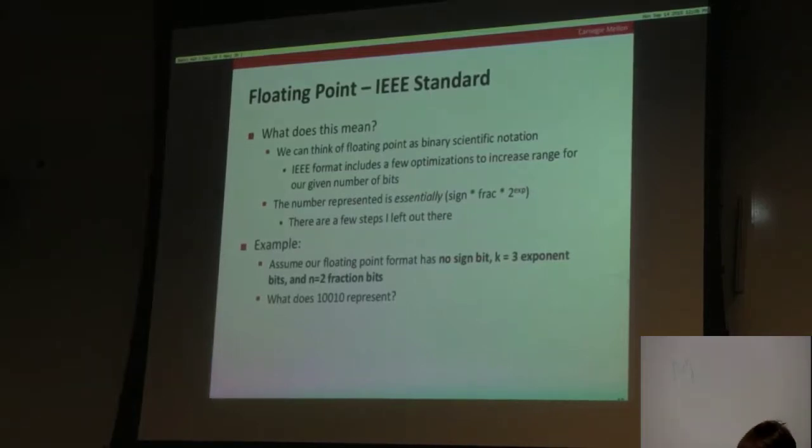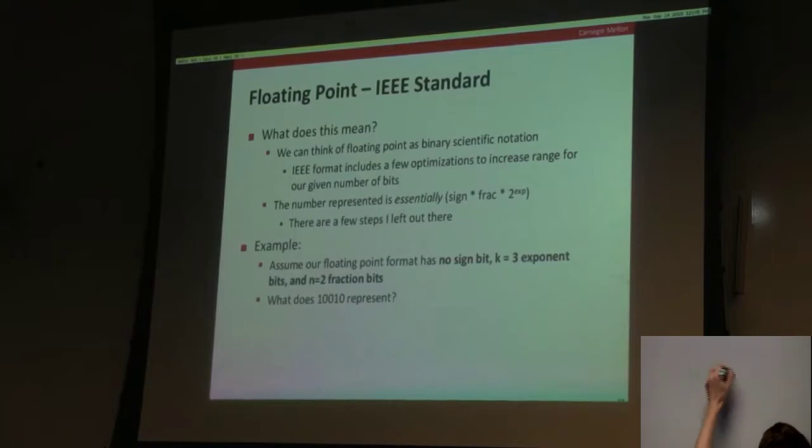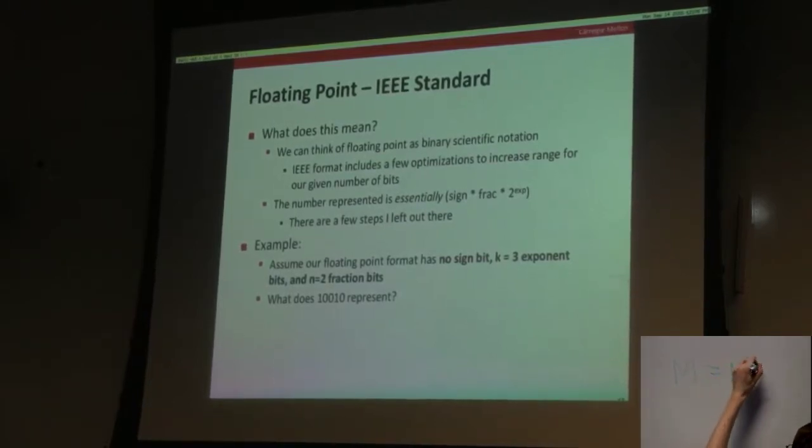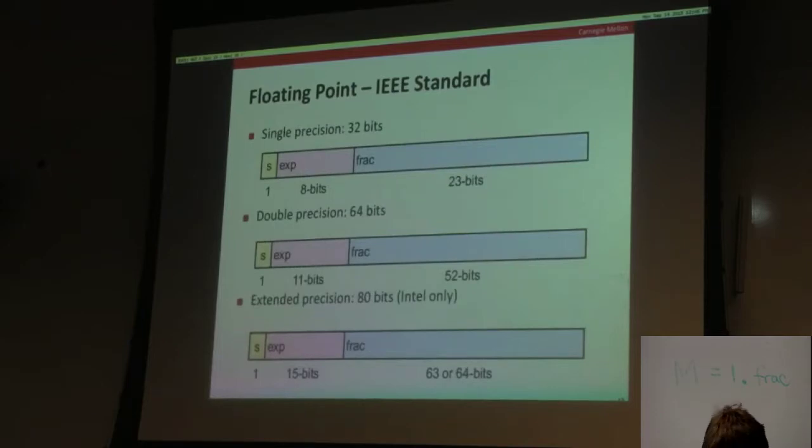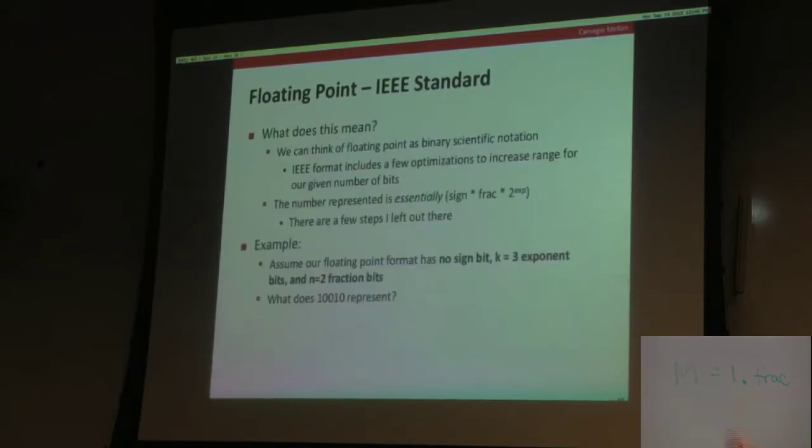The first is m, which stands for mantissa. This is going to be equal to 1 binary point, followed by whatever the contents of our frac section is. So back here, those frac bits go here, following a 1 and a binary point. Then we've got e, which is equal to the contents of the exponent bits minus a bias.